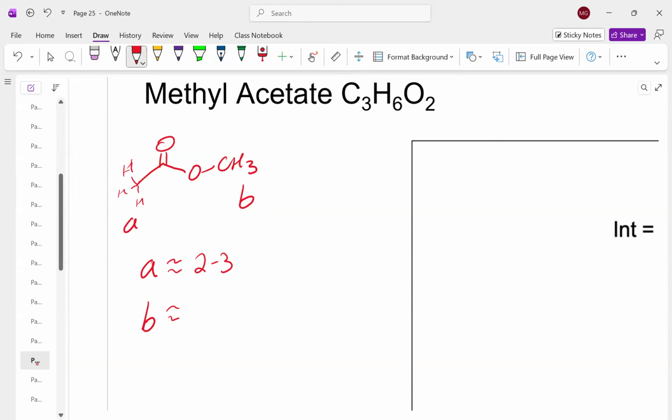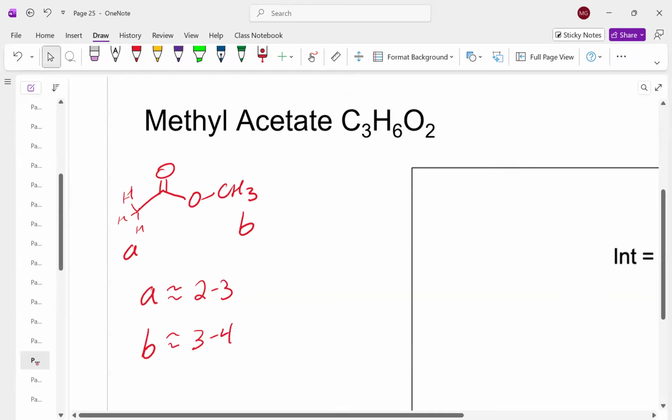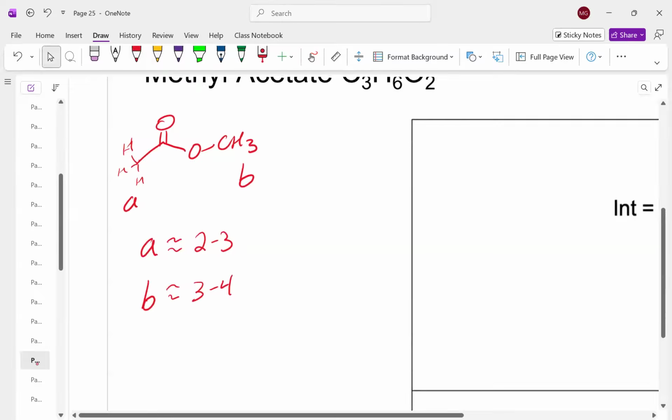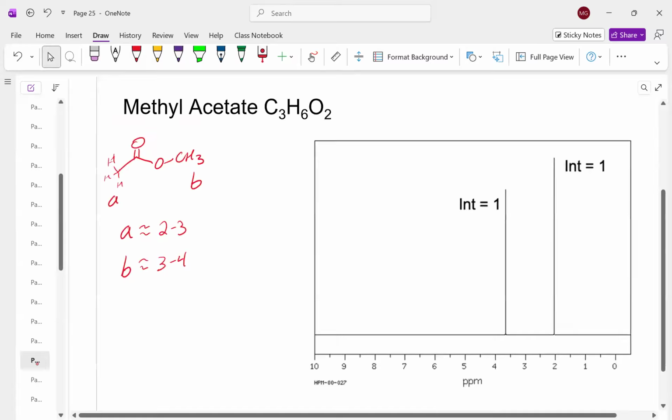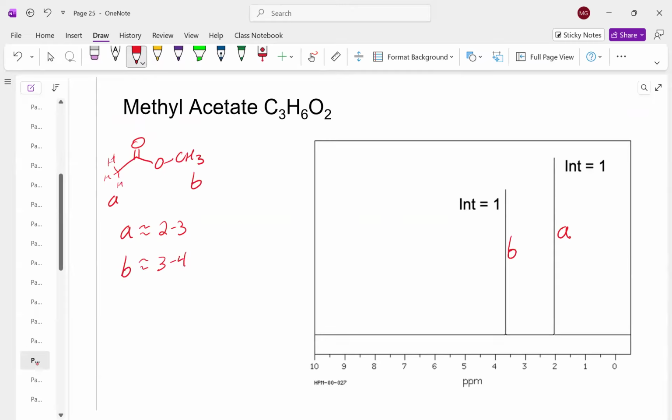Oxygen's a pretty electronegative atom. Let's say somewhere between 3 and 4. So when we go back to our spectra now, we have two signals. There's a signal somewhere between 2 and 3. That's our A hydrogen. And then there's that signal between 3 and 4 for our B hydrogens.